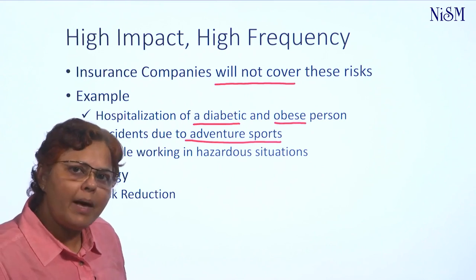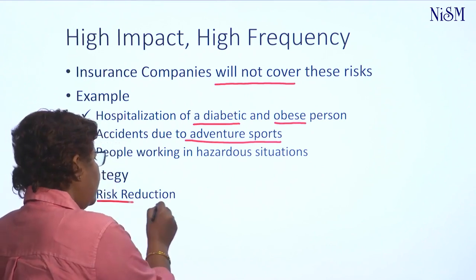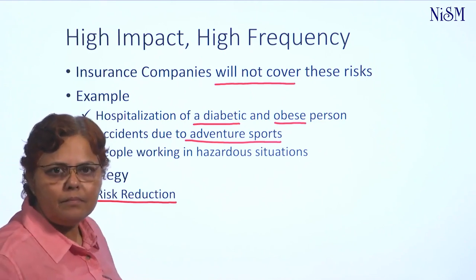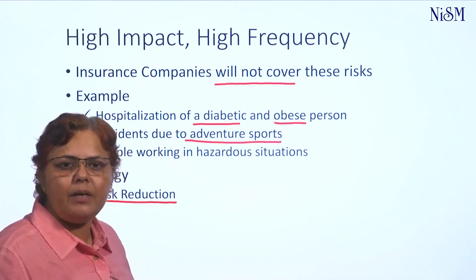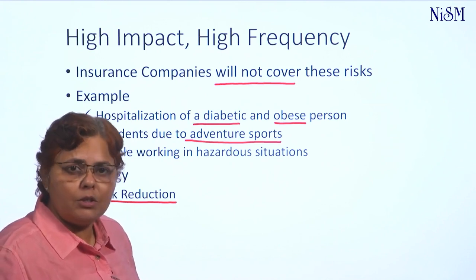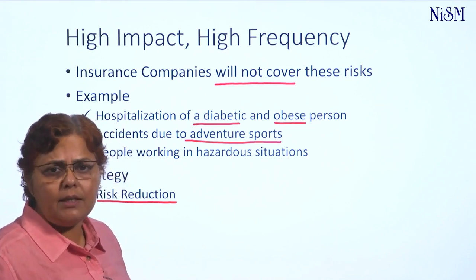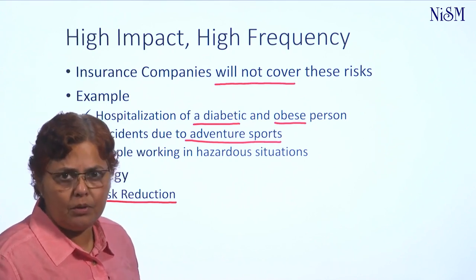So then how do they manage the risk? The only strategy is risk reduction. The person who is diabetic and obese has to change his lifestyle in such a way that he does not get into hospitalizations to the extent possible.